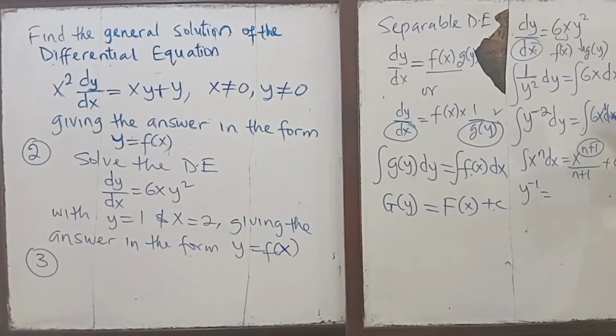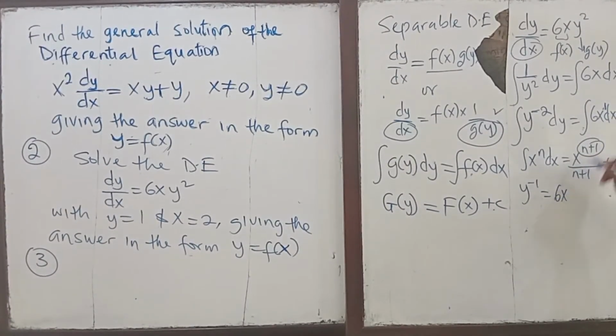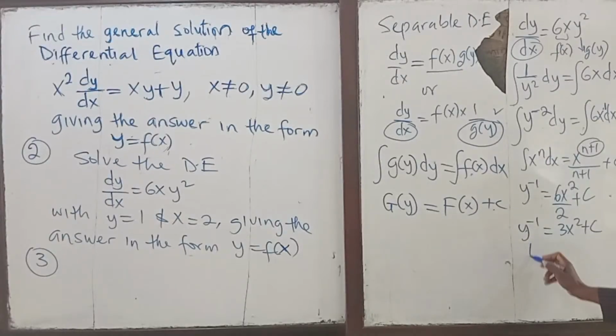The power here is 1, so that will be 6x to the power 1 plus 1, that's 2, over 2 plus c, the constant of integration. That will give minus y to the minus 1 equal to 3x squared plus c, which is the same as 1 over y equal to 3x squared plus c. Then we can reciprocate both sides, and that will be y equal to 1 over 3x squared plus c.